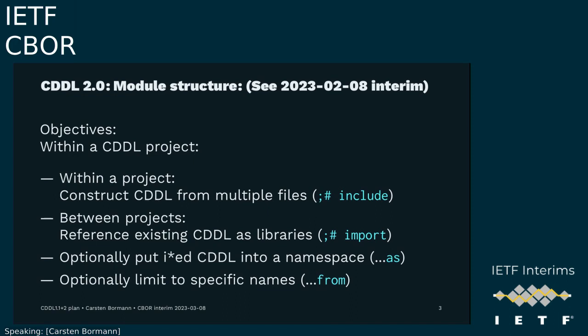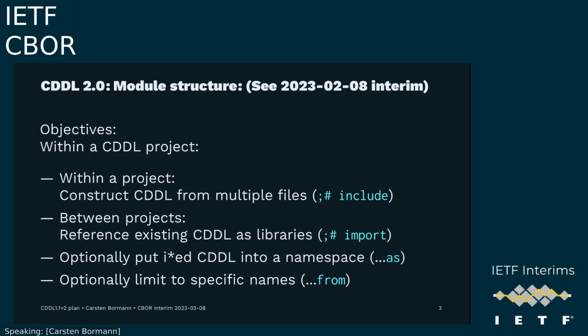And just as a reminder, the objective was to be able to construct CDDL from multiple files within a CDDL project. So if you have something complicated like Corim, which is built out of several files, you can essentially do an include. But also, very importantly, the ability to use existing CDDL as a library, which is the import keyword.